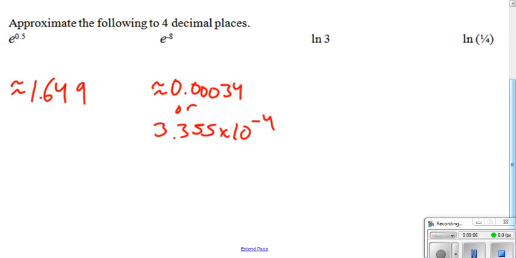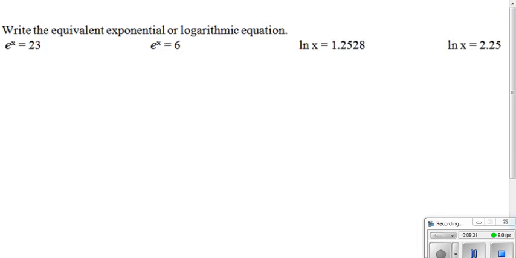It looks a little bit different because it was rounded differently. Again, using our calculator, we just hit the ln button, do ln of 3, which would be approximately 1.099, and ln of 1/4 would be approximately -1.3863. So those are some approximations and solving using our calculator.